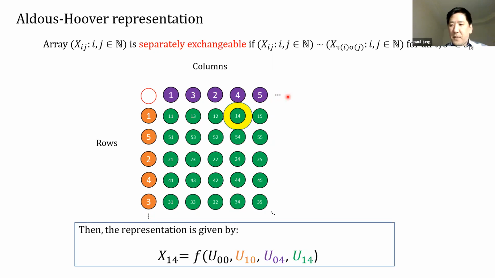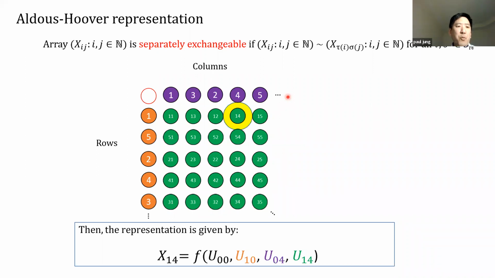That's what the Aldous-Hoover theorem says: there's a single F and this large family of independent uniforms, such that any separately exchangeable array can be represented as such.